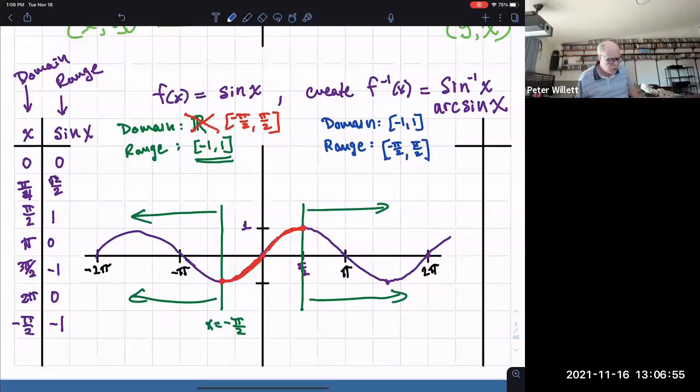And the thing to also take note of to help us realize that these things have been switched is that the domain is now a number that we would normally think of, whereas the range is now an angle. Because for the original function sine, we plugged in an angle and we got a number. So for the inverse function, we'll plug in the number that we would have gotten and it will spit back out the angle that we would have started with.